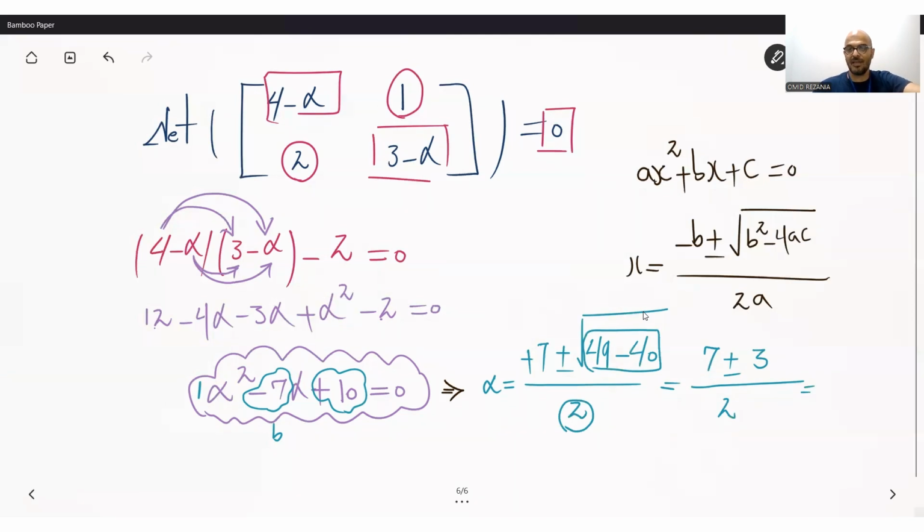Then you see, I get 2 numbers for alpha. For alpha 1, 7 plus 3 becomes how much? 10, divided by 2, 5. Another root: 7 minus 3, 4. 4 divided by 2, 2.